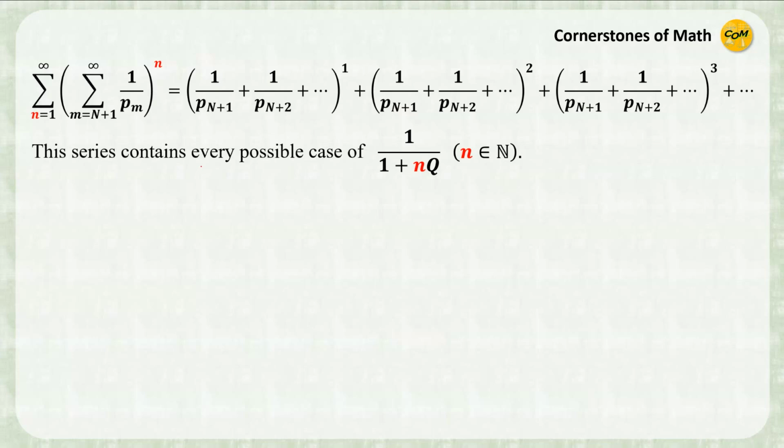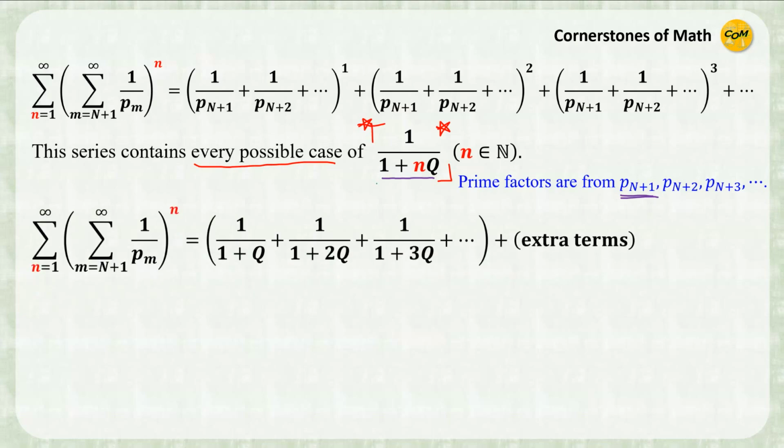Moreover, we can draw additional conclusion. That is, this series contains every possible case of the reciprocal of 1 plus nq. This is true because we have shown that 1 plus nq only contains prime factors that are greater than or equal to p capital N plus 1. Therefore, we can say like this.